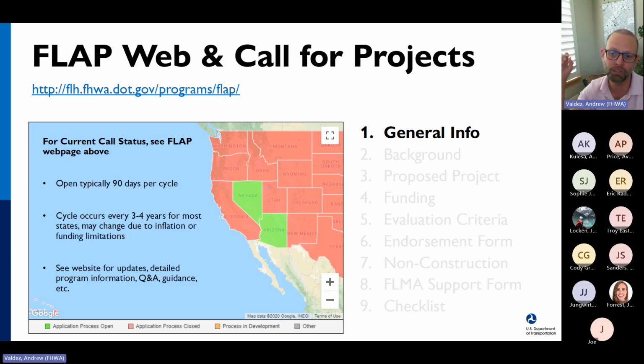These calls are typically open for 90 days. So we set a due date to receive all the applications by December 15th for this call. We do try to do calls every 3 to 4 years, but inflation has really hammered construction costs. So at this point, I don't know that we have visibility into when the next call might be for South Dakota.